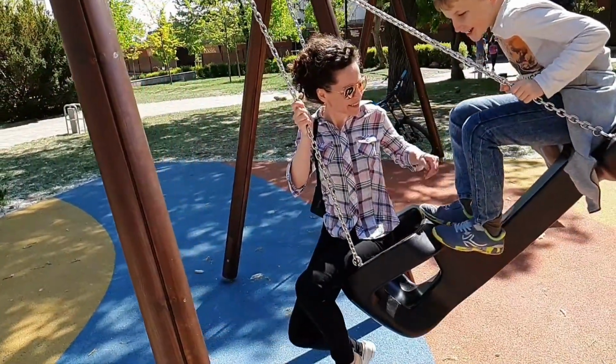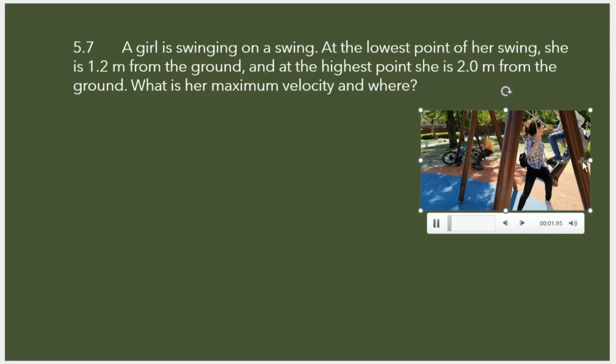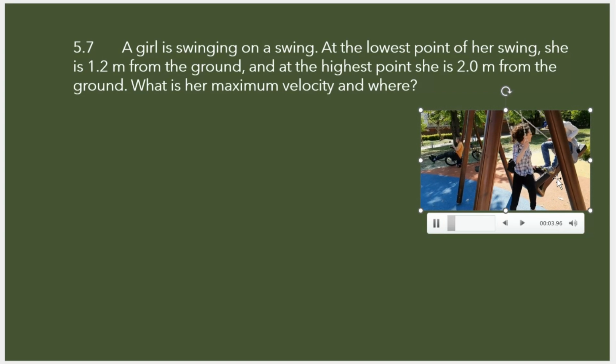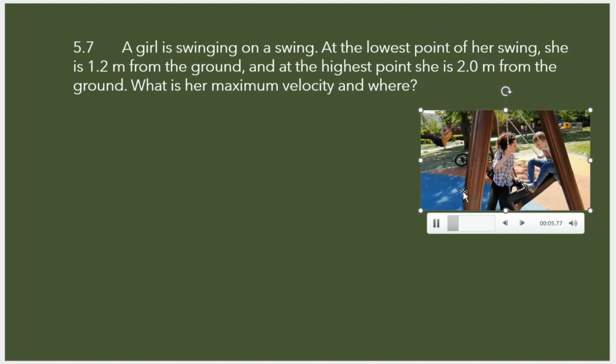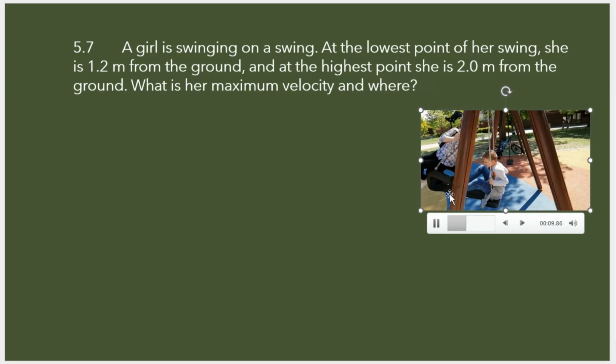Here I have put a video. You can see what is happening when something is moving on a swing. The motion of the swing is also the motion of the simple pendulum.